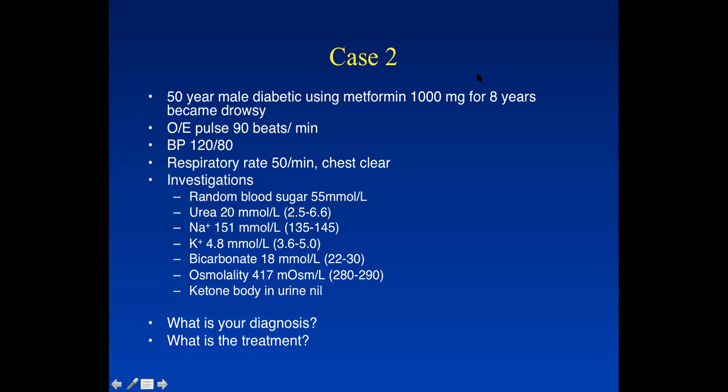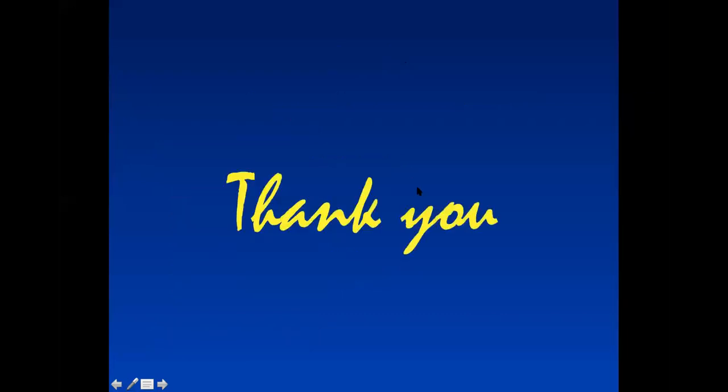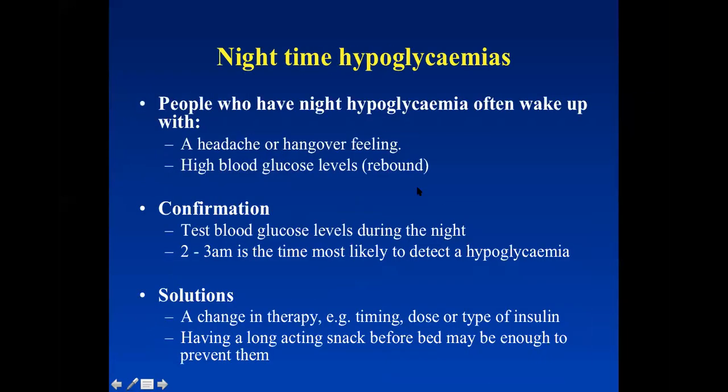I think a lot of people have problems with the nighttime hypoglycemia. So they wake up with the hypoglycemia, with the headache or hangover feeling, and soon afterwards they get a rebound very high glucose level. Okay, so that is what it is: hypoglycemia with a rebound high glucose level. That is why you see the high blood glucose level. Sorry about confusing you.